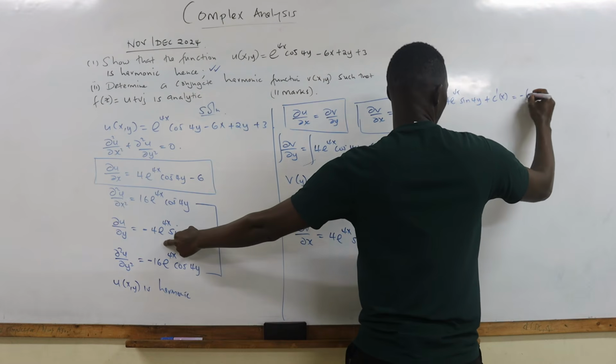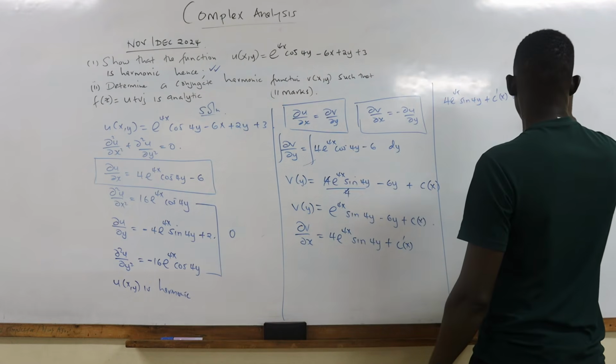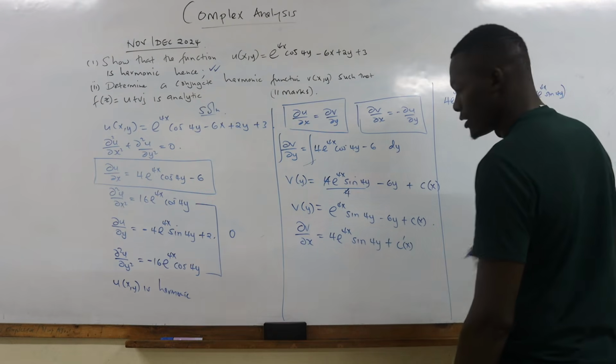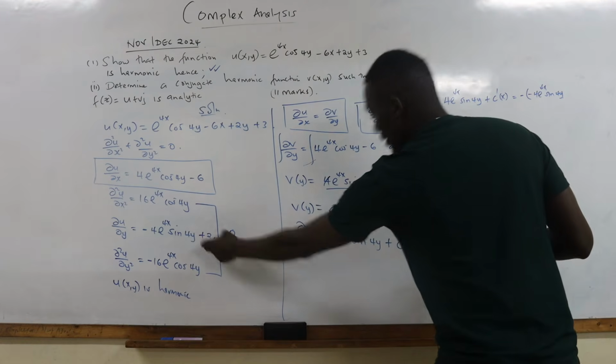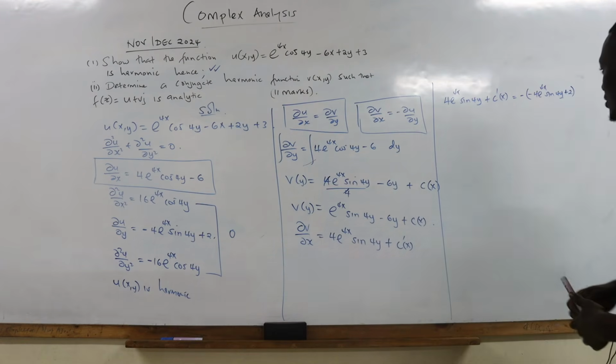So it is given by negative 4 exponent 4x sine 4y into bracket. Okay, we have that, sorry. Then we have plus 2. Plus 2. Are you together?